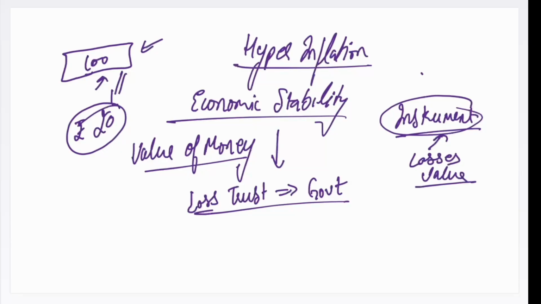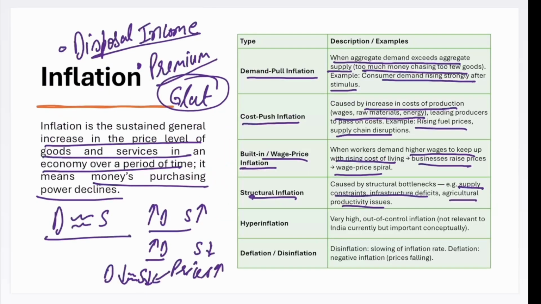So this is how the economy basically works, on the presumption that the government will not fail. But where governments fail or are not able to hold up, or their sovereignty is in danger, the value of money goes down. So this very high and out of control inflation is not relevant to India.